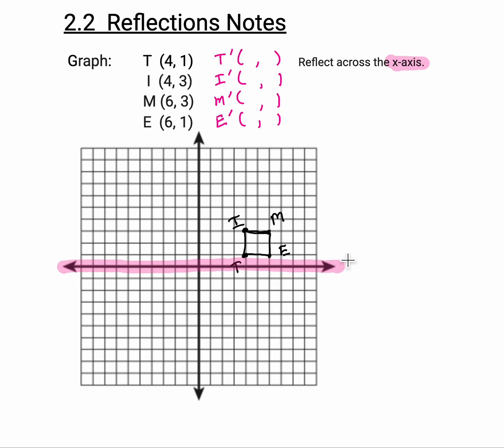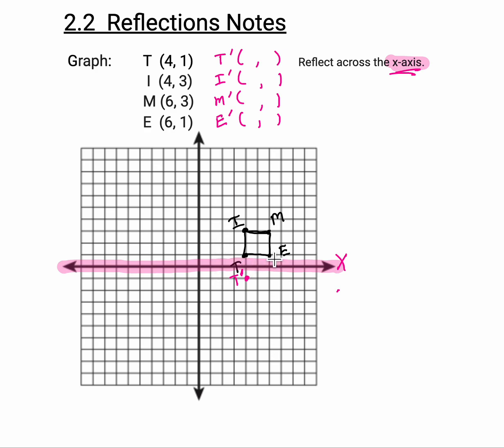And sometimes labeling it X also helps us know which one it is. I like the highlighter because it doesn't get in the way of my counting, but it really draws my eye. If I fold it, T is 1 unit away from the x-axis, so it's going to be plotted 1 unit away on the other side. We're going to label that T prime.